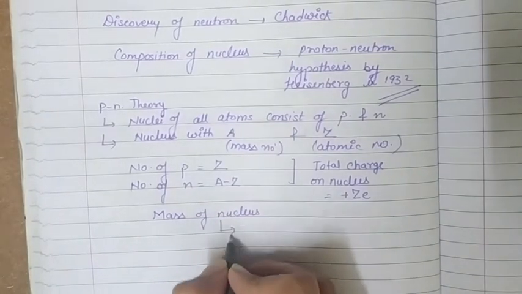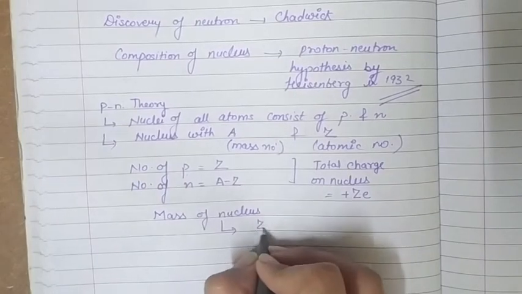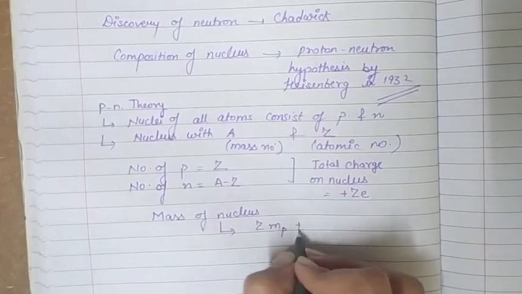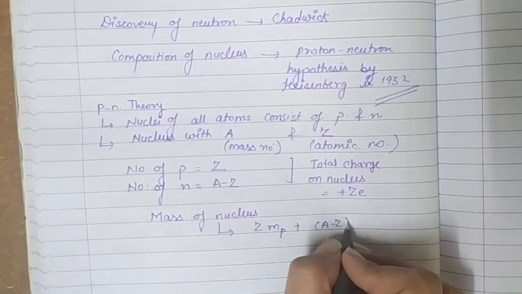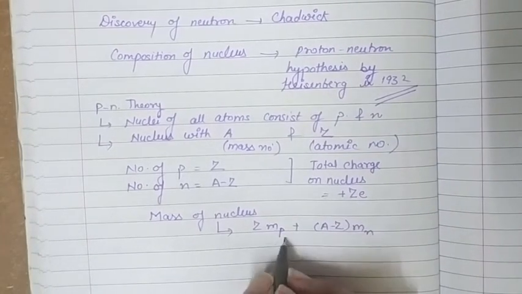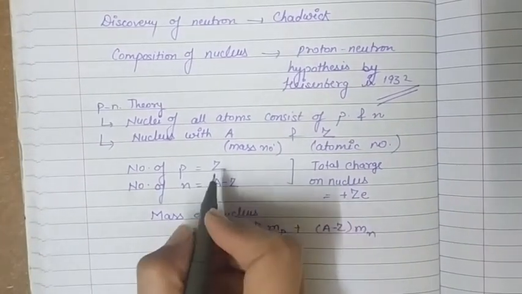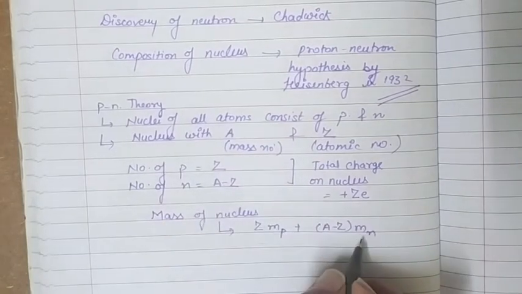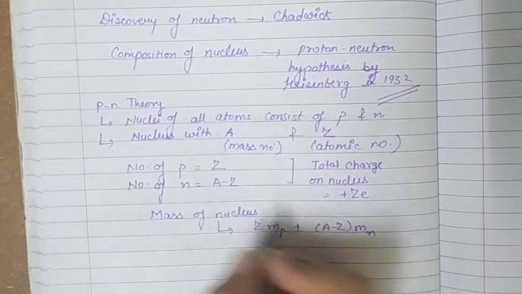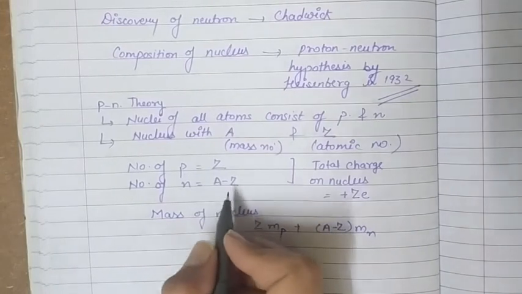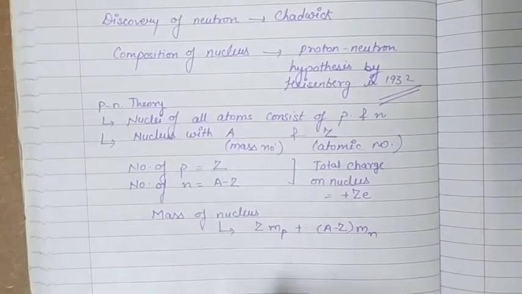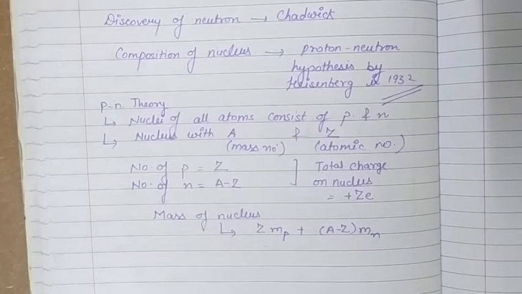So mass of nucleus is equal to Z times the mass of proton plus A minus Z times the mass of neutron. The mass of a single proton times Z gives the total mass of protons, and the mass of a single neutron times the number of neutrons gives the total mass of neutrons, and if we add both we get the mass of nucleus.